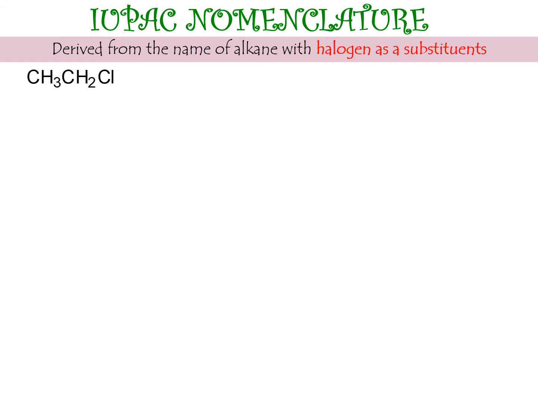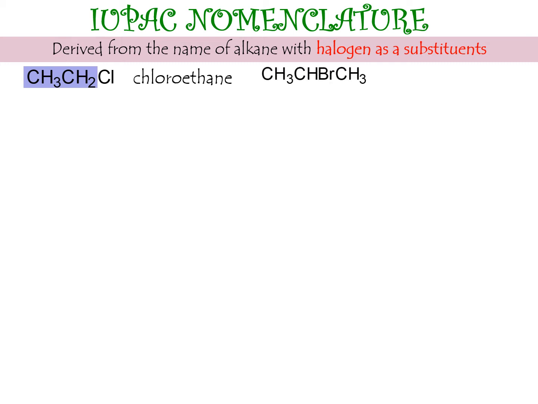In this compound, there are 2 carbons in the parent chain, therefore the parent name is ethane. Second step is to identify the substituent group. One substituent group is present, which is Cl, chloro. Thus, the IUPAC name of this compound is chloroethane.